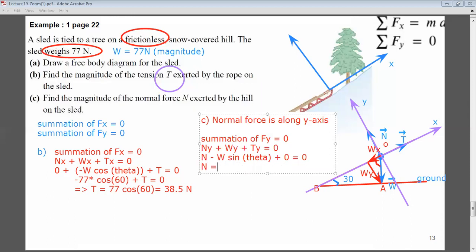So N will be equal to W, which is 77, times sine 60. This is equal to 77 sine 60, which is equal to 66.7 Newton. Sorry.